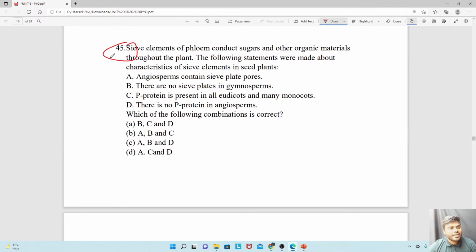Question number 45. Think and answer this question. Yes, dear, infinity is wrong. It cannot be infinity all the time. I understand your question, Brunalini, but it cannot be infinity all the time, dear.